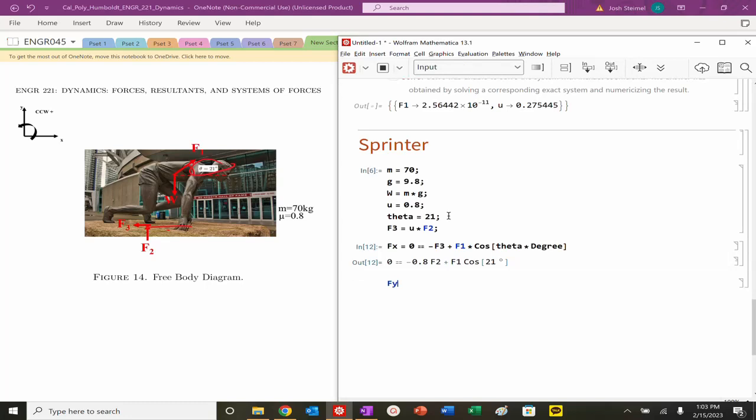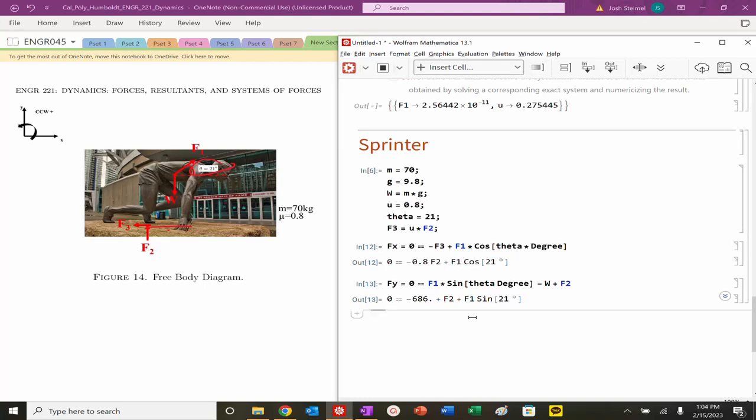You're all experts in this now. Sum of F sub y equals 0, set equal to F sub 1 times sine of theta degree, and then minus W plus F2. So, how many unknowns? 2 equations, 2 unknowns. We're ready to go.